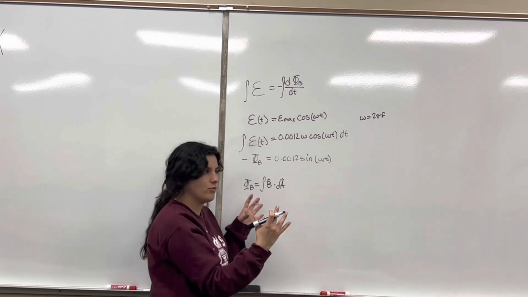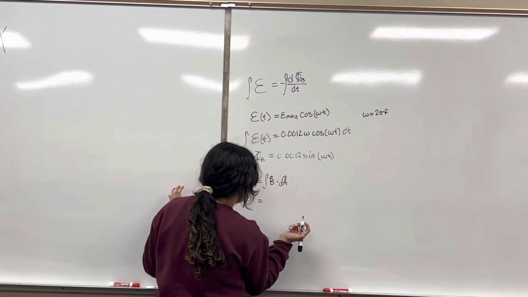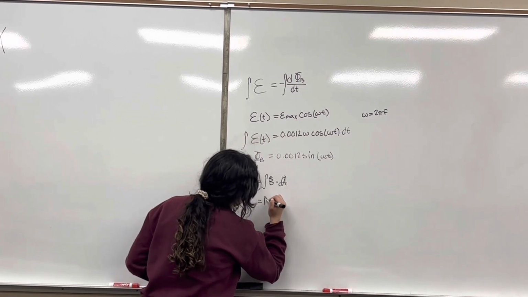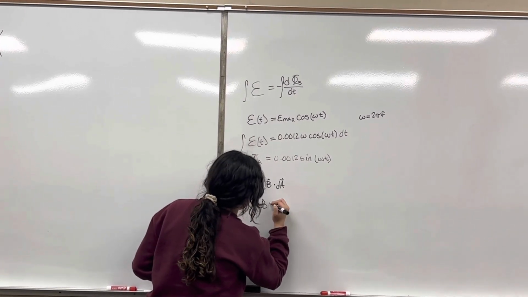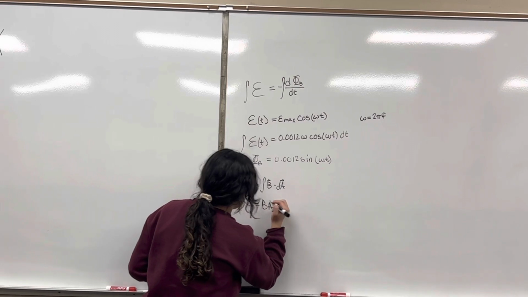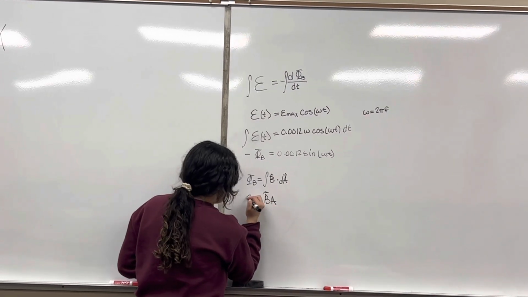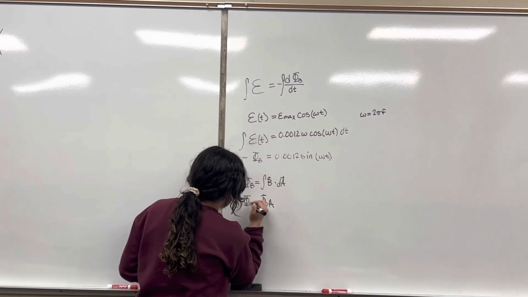because the ring and the magnetic field are perpendicular, it becomes B times A, and that is equal to the magnetic flux.